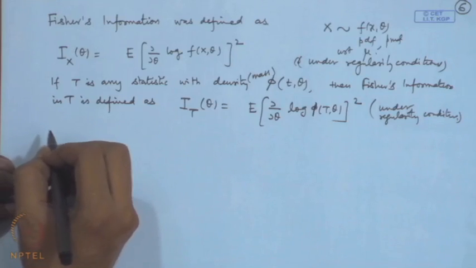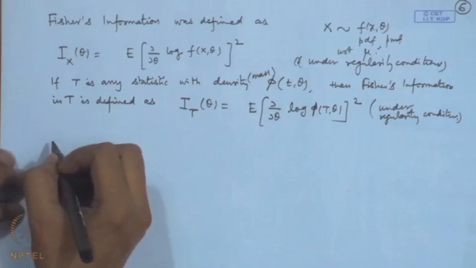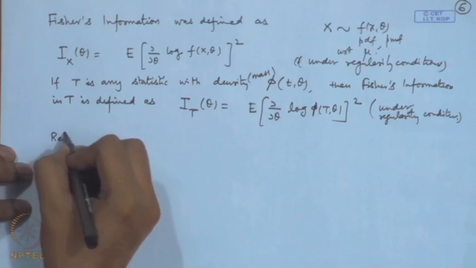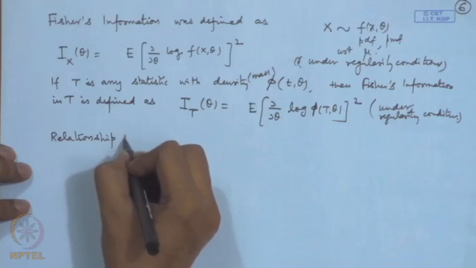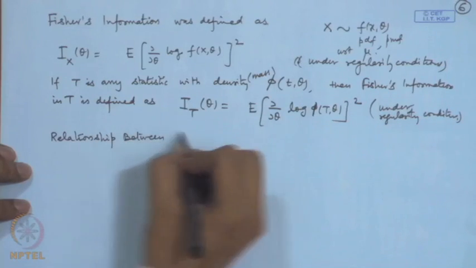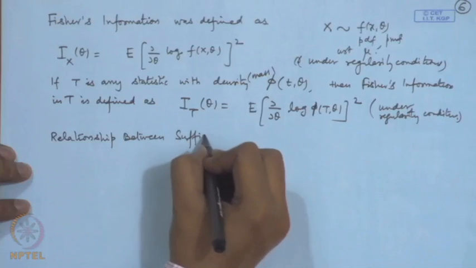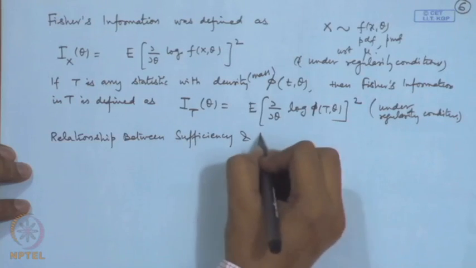So, we have the following result regarding the relationship between sufficiency and information.